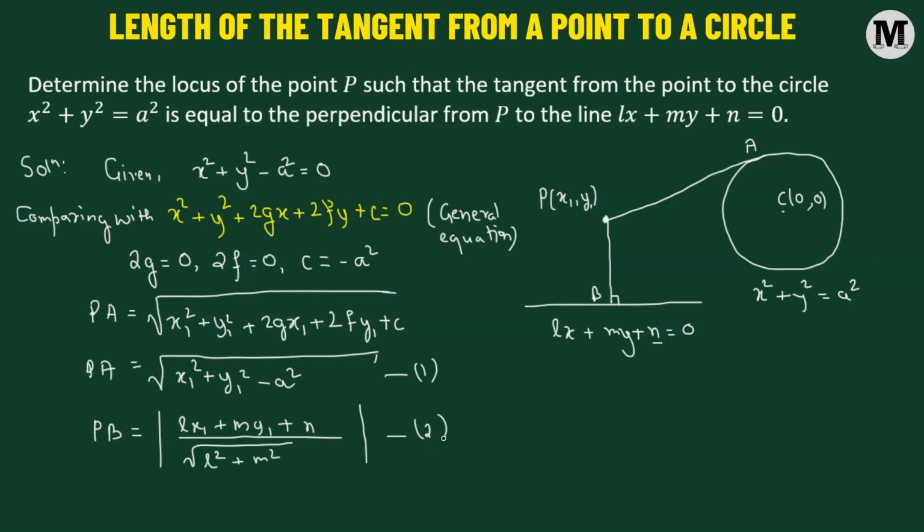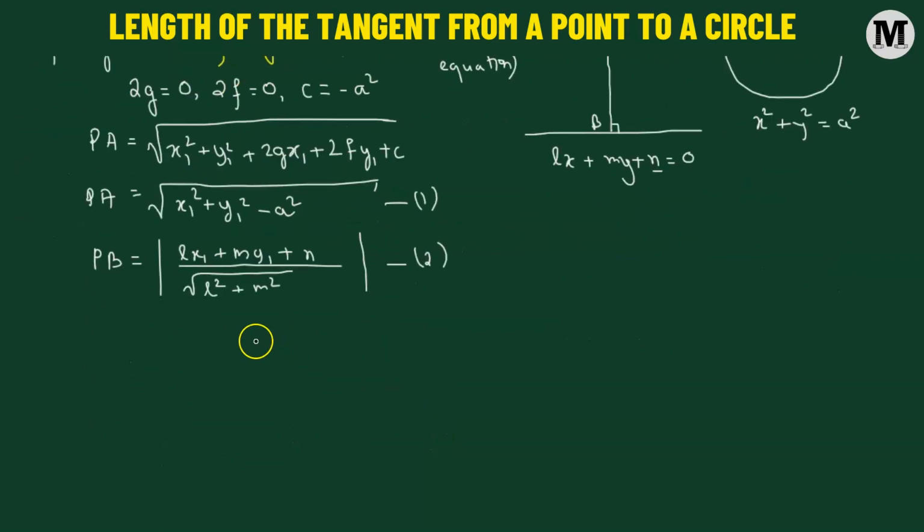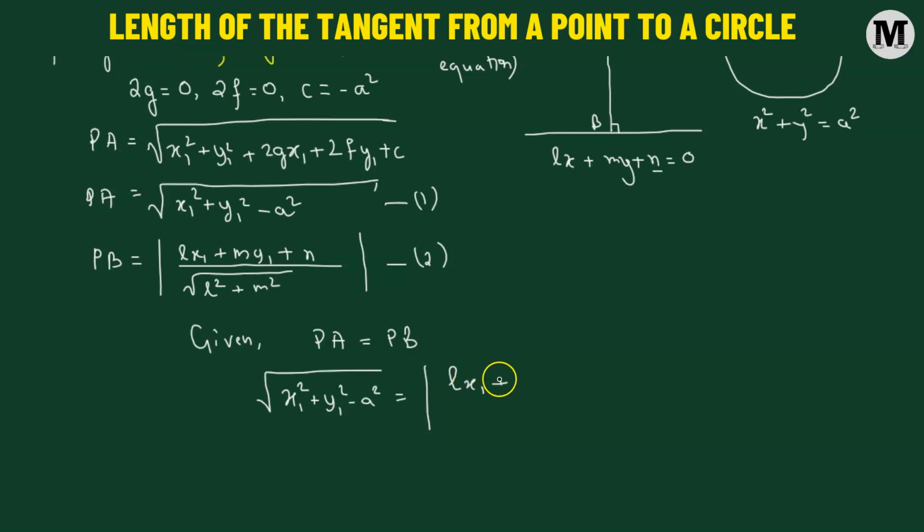Now according to the problem, it's given that PA is equal to PB. So let's equate them. For PA, we have the square root of x1 squared plus y1 squared minus a squared. This will be equal to the length of PB, the perpendicular distance. We have Lx1 plus my1 plus n whole divided by the square root of L squared plus m squared.